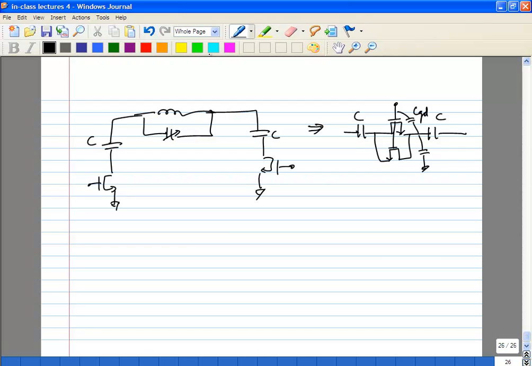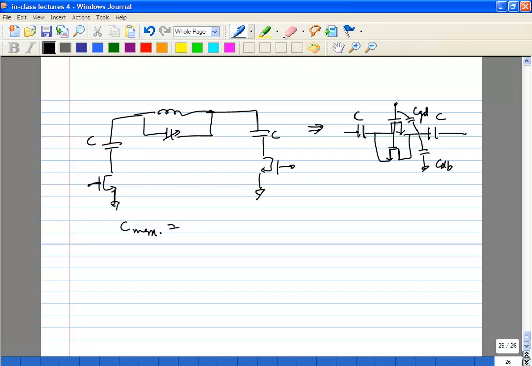The other is CDB, your drain-bulk capacitance. I know it's CGS and CGD, but since the transistor is in triode, it's symmetric, so that shouldn't be a problem. And for this transistor, it will be CGS and CDB. Don't worry about that.